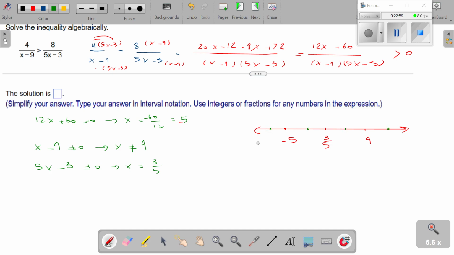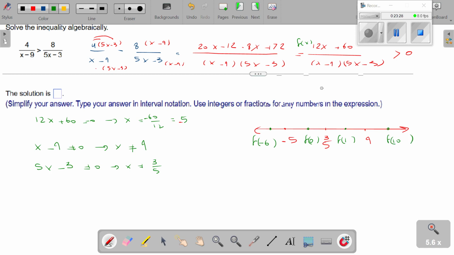So I can try negative 6 here, 0 here, 1 here, and 10 here. So you need to find the value of the rational inequality when x is equal to negative 6. I'm going to call this f of x and find f of negative 6, f of 0, and find those values and see if they are positive or negative.